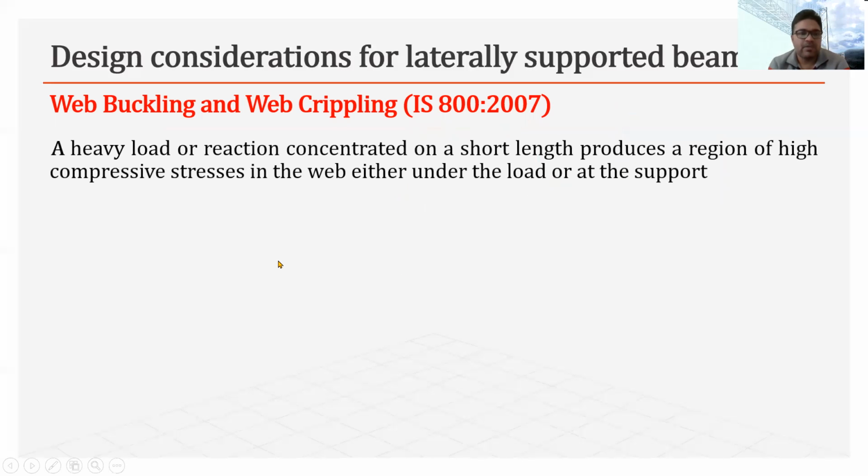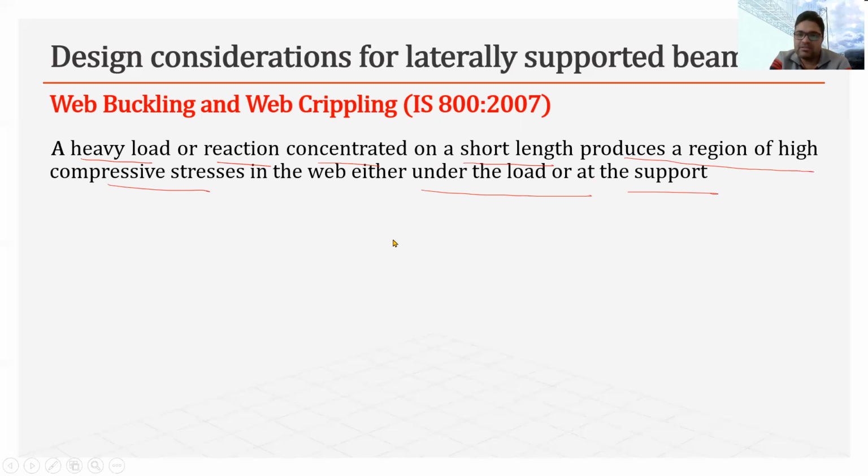Generally, when there is a heavy load or a reaction concentrated on a short length, it produces a region of high compressive stress in the web, either under the load or at the support. As I said, just below the load, the region becomes highly stressed, or we can say critically stressed.